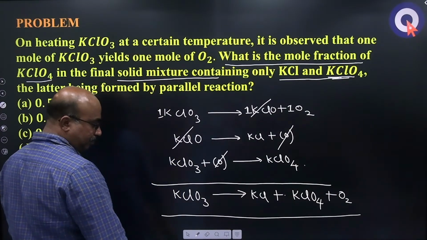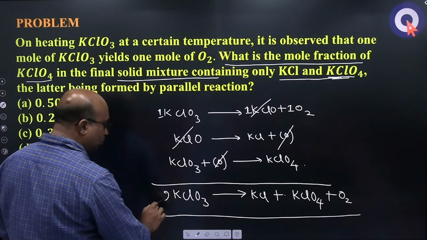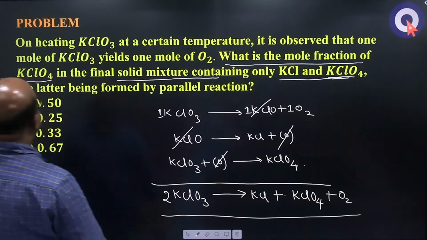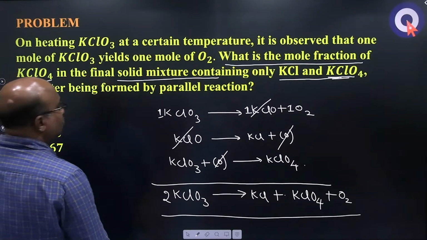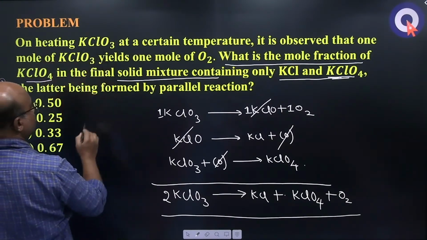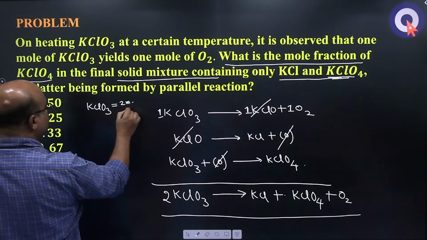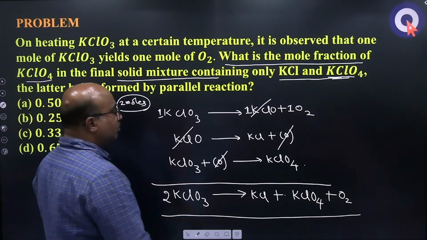Clear? So finally you may be getting this. So this is 2 moles. Now suppose you are starting with 2 moles of KClO3. How much of this should I get?